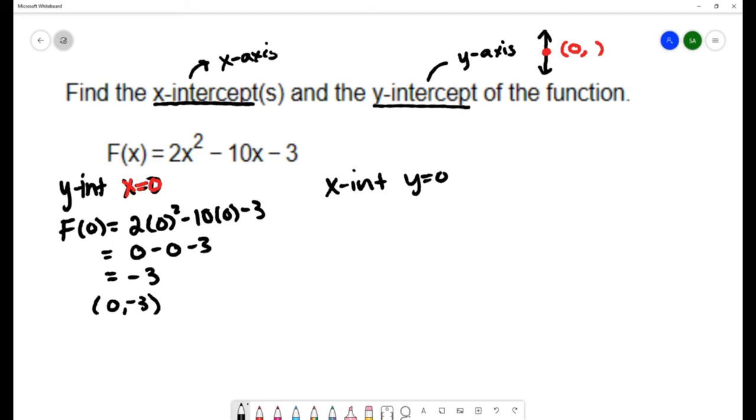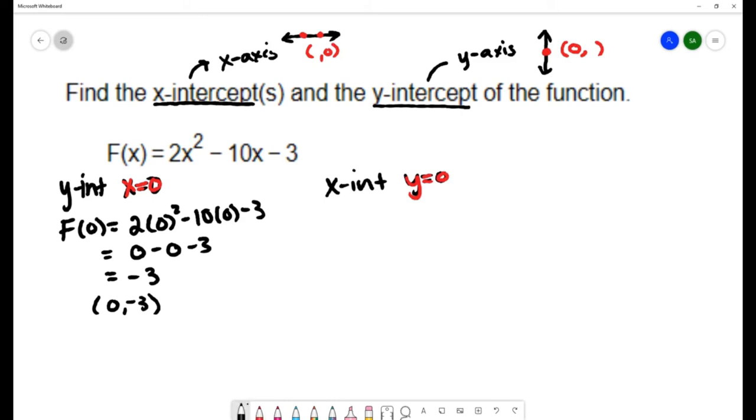The x-axis is that horizontal axis, and all of the points on that horizontal axis are going to have the y-coordinate being 0. So that's why we set y equal to 0 to find the x-intercept.